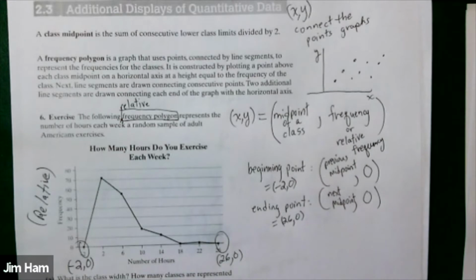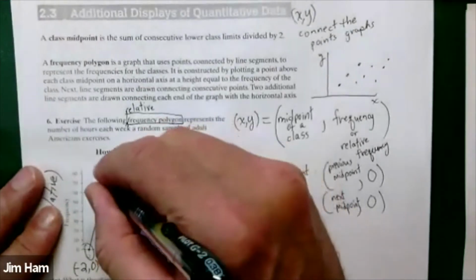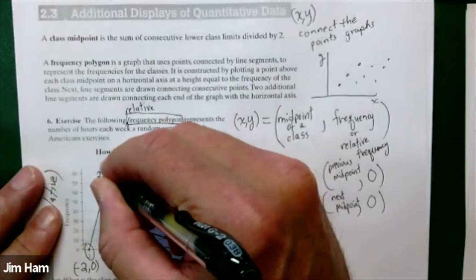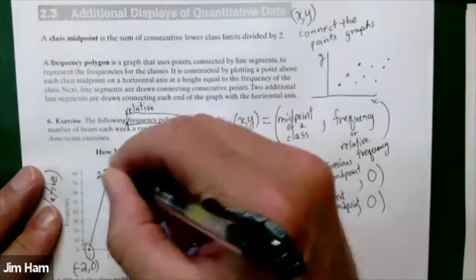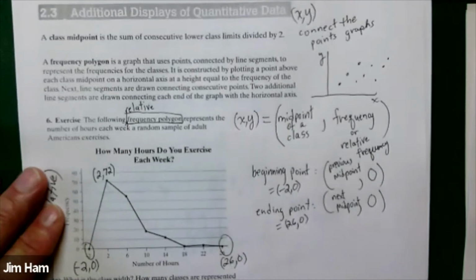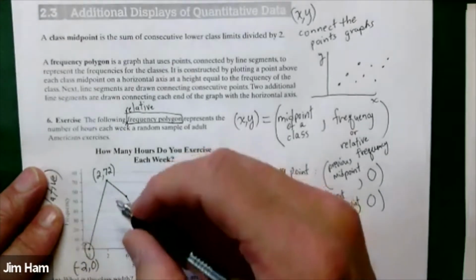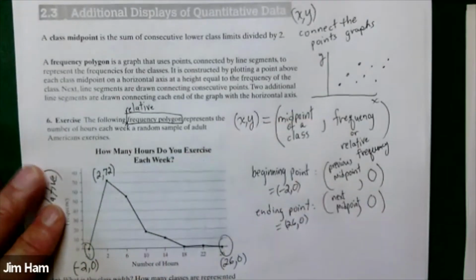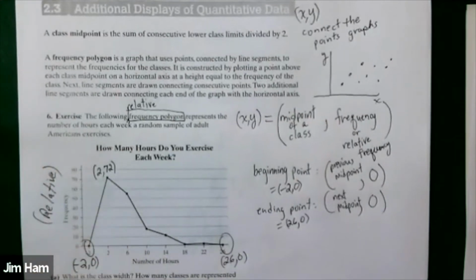Now, all of the middle ones are going to correspond to different classes of data. So I'm going to write down some points. So there's 2, and that point right there looks like it goes up to about 72. And I'm going to just quickly go through and write down the rest of them. Sometimes it's a little tricky to determine the exact y value that you want to use, and so you'll have to estimate it.